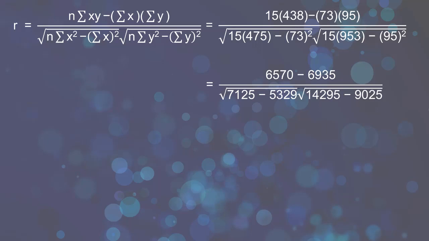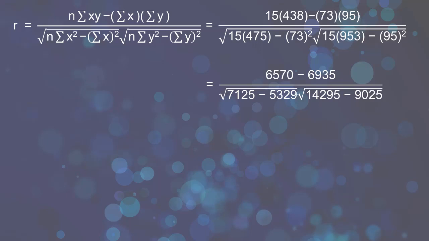In the denominator, we have 4 multiplications to do. 15 times 475 is 7125, and 73 squared, which means 73 times 73, is 5329. The next square root has 15 times 953, which is 14,295. And then you're subtracting 95 squared, and 95 times 95 is 9,025.